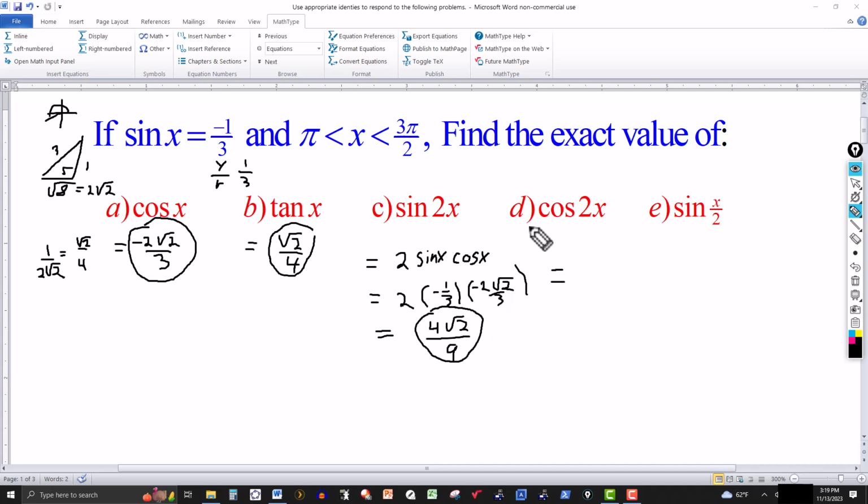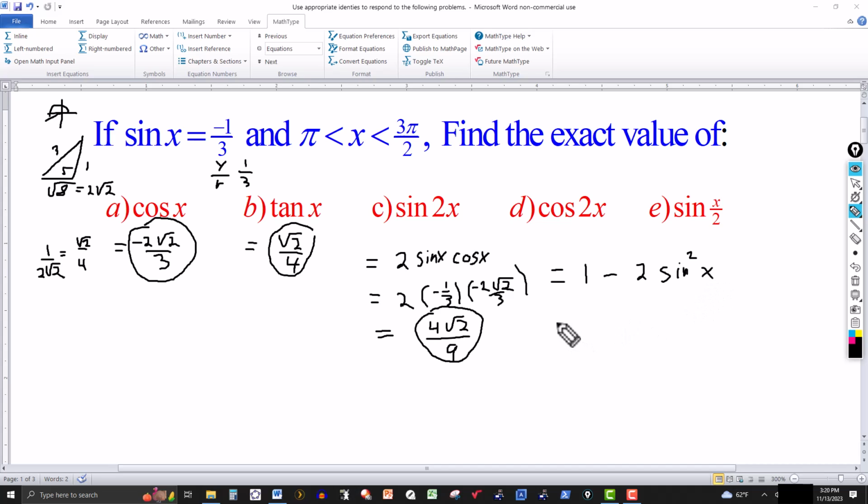Now for D, in the same way as part C, we have cosine of 2x. We're dealing with just the angle x. So let's break this down. We have several identities we can use for this one, but one of them is that the cosine of 2x can be written as 1 minus 2 sine squared of that angle x.